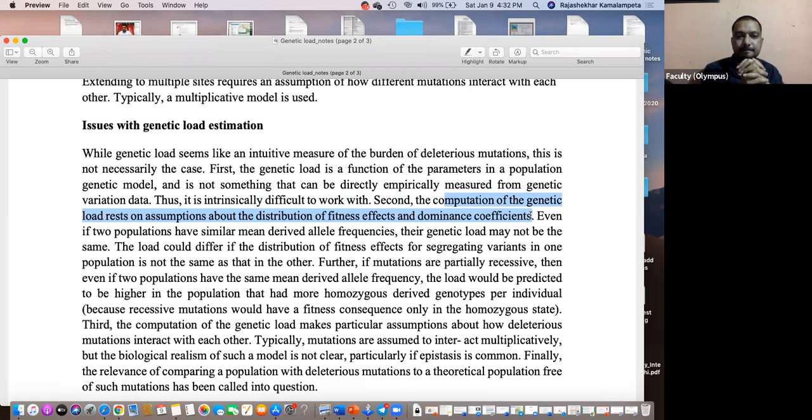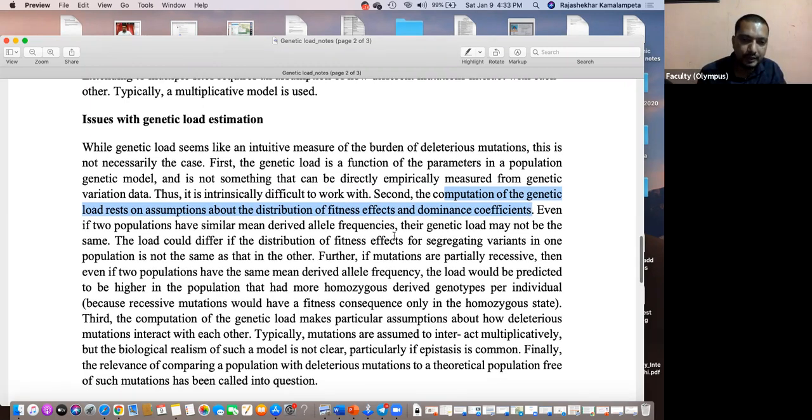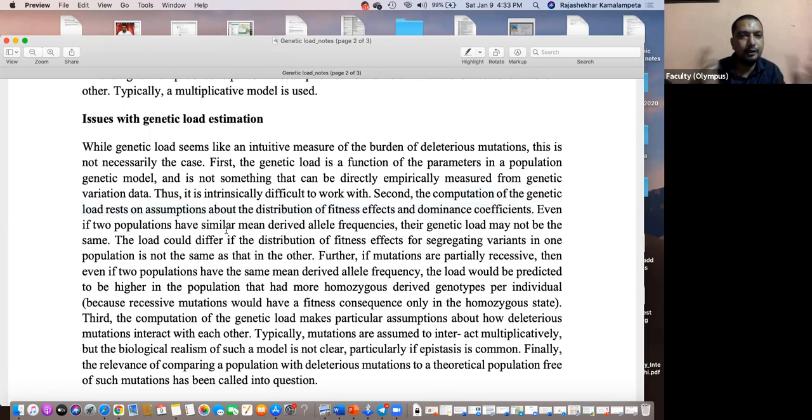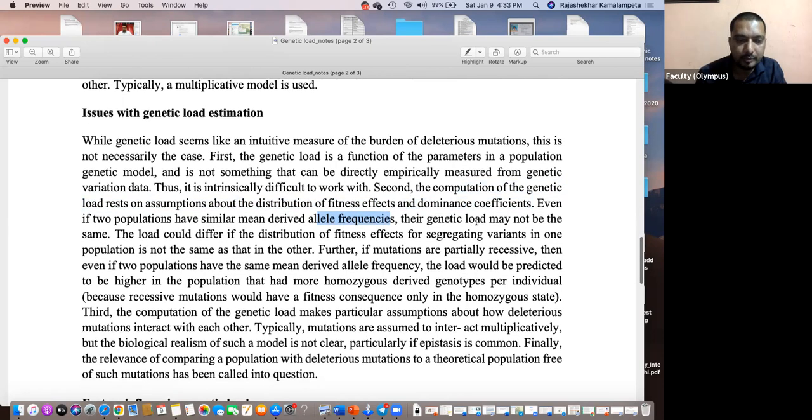Even if two populations have similar mean derived allele frequencies, so comparing two different populations, assume that they have similar mean. So meaning there are certain alleles, their frequencies result in a particular average mean value, which is, let's say, 0.5 for both populations A and B. Their genetic load may not be the same.